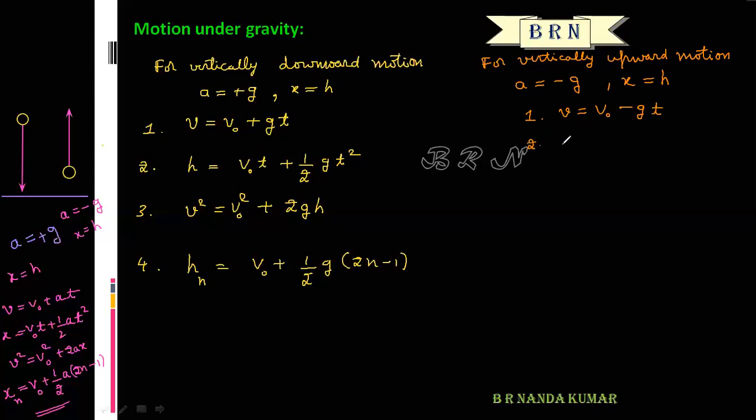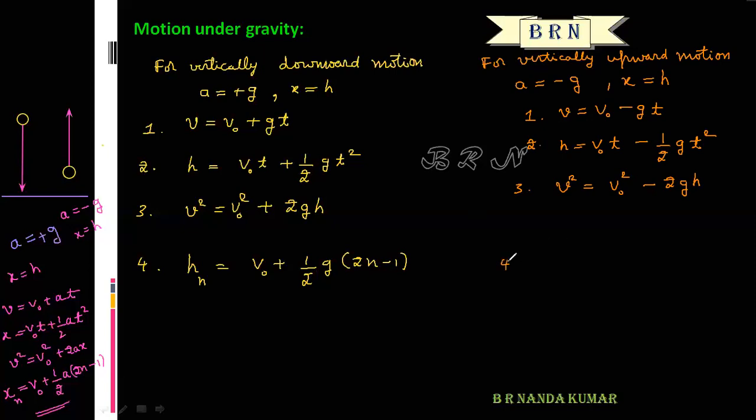The second one is H is equal to V naught T minus half G T squared. The third one is V squared is equal to V naught squared minus 2GH. A becomes minus G, X becomes H, right?